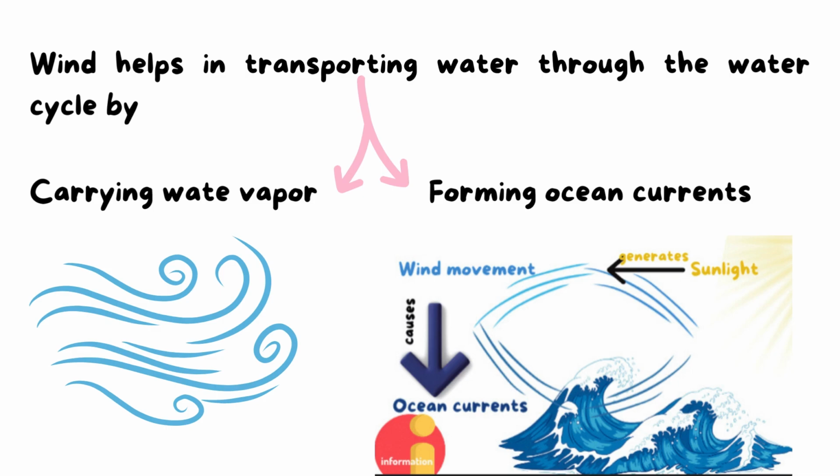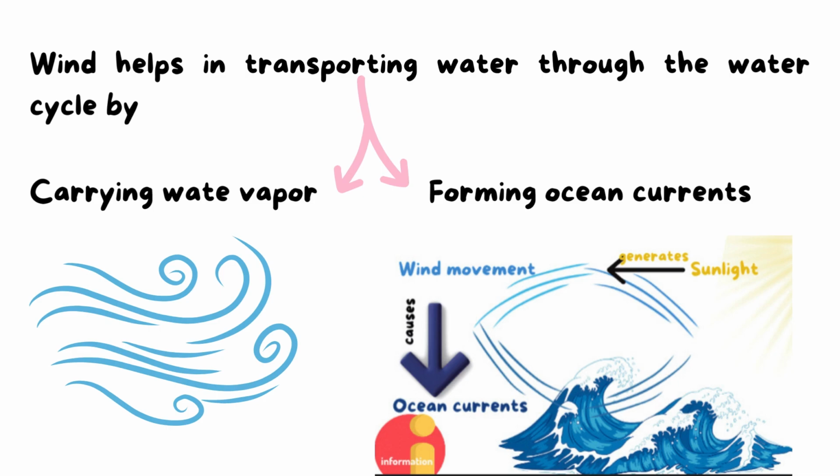And we discussed this point, if you remember, in lesson 1, I think. The sunlight generates the wind movement, and we now know how: the unequal heating causes the generating of wind. And then the wind movement causes what?